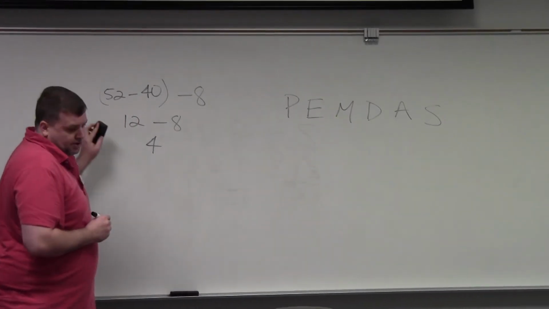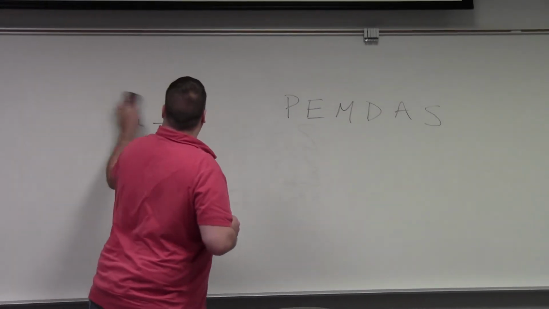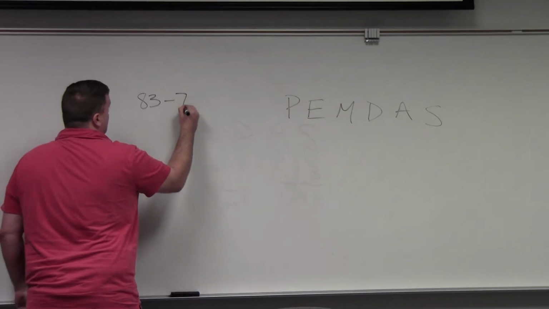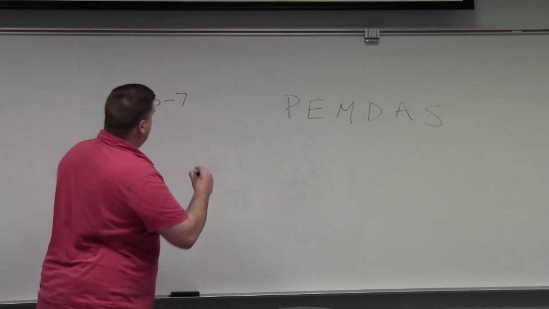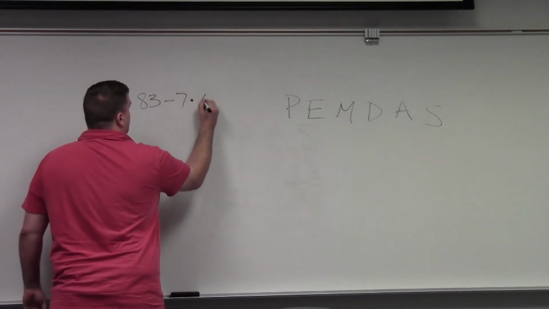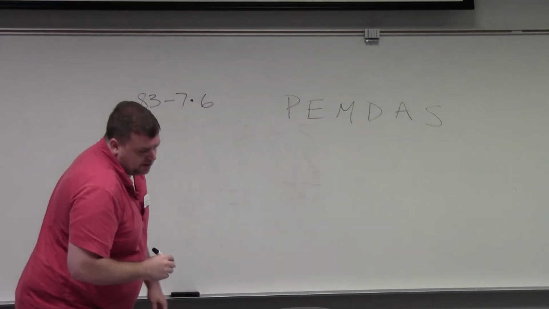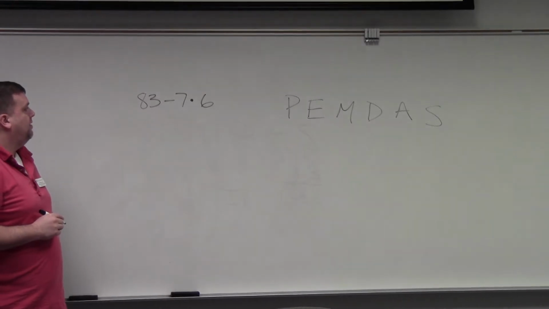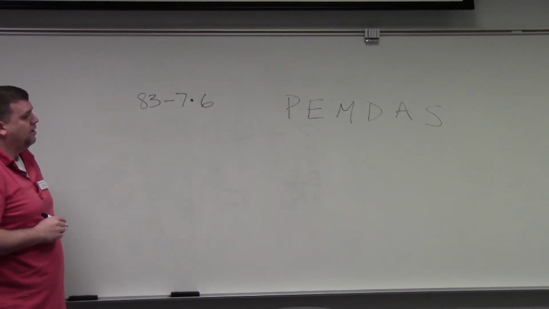All right, so let's go to the next one. 83 minus 7 times 6. That little asterisk symbol means multiplication. So I have 83 minus 7 times 6. Which part do I have to do first?